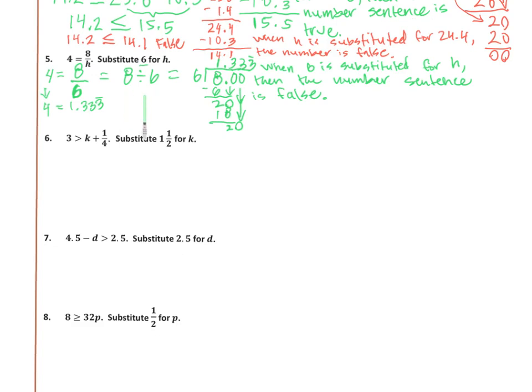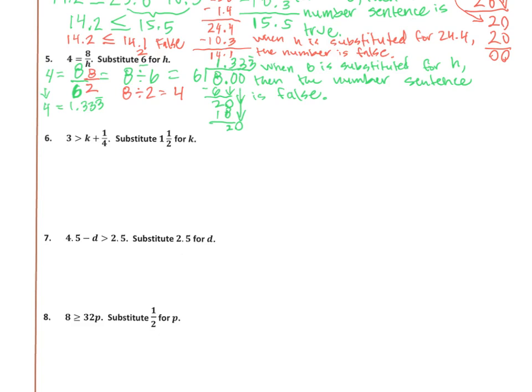I think that's an easy one. We can easily substitute 2. 2 is going to give us 8 over 2, which is equal to 8 divided by 2, which is equal to 4.